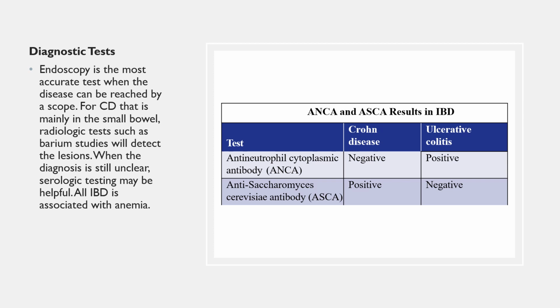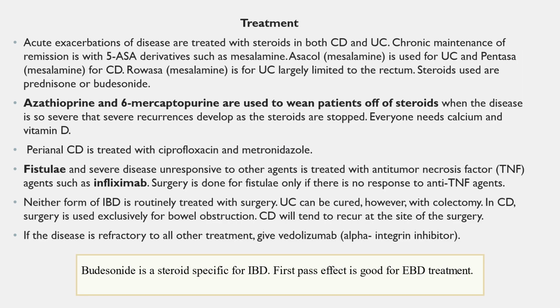Let's go to the next slide, slide number 10. The treatment is kind of complicated, but let's talk about this. Acute exacerbation of the disease can be treated with steroids in both CD and UC. Chronic maintenance of remission is usually treated with 5-ASA derivatives such as mesalamine.